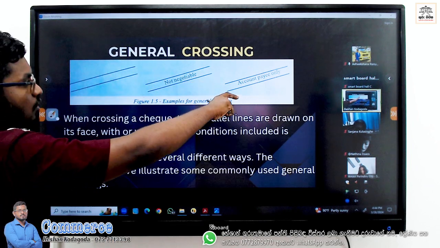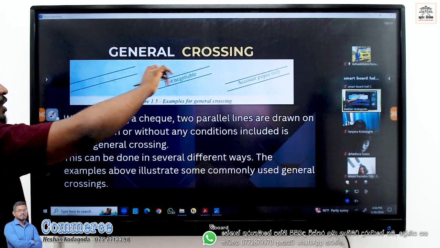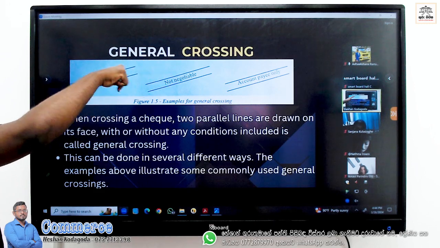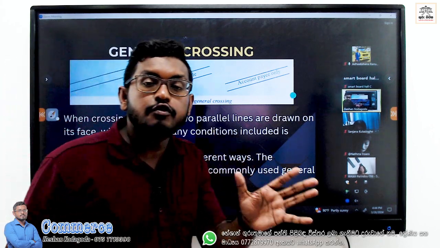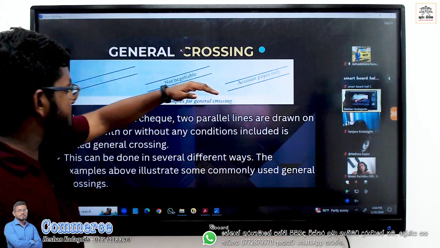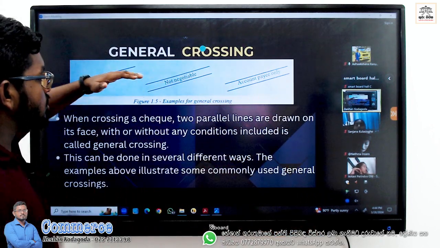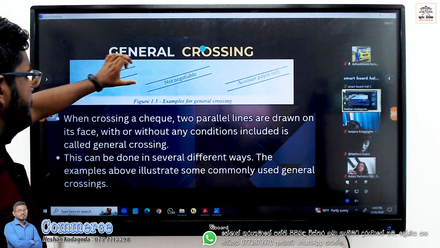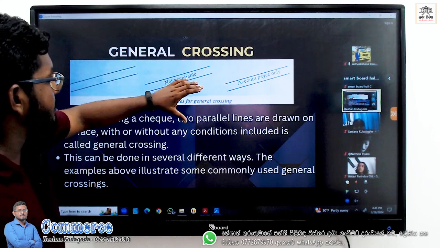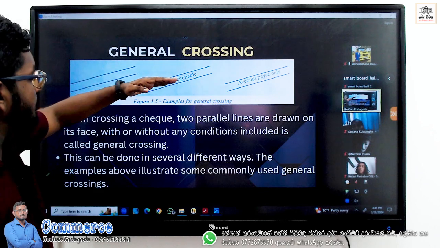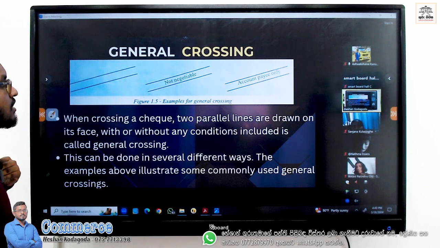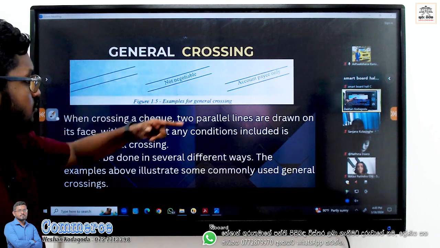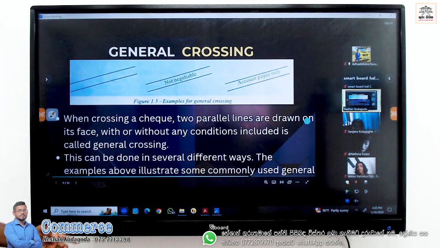Without mentioning the name of a bank, with or without anything written. The main thing in general crossing is having two parallel lines, but not recording a bank name like the licensed commercial bank name and branch name. So having two parallel lines and some conditions also can be seen in here. Okay, moving to the other one.